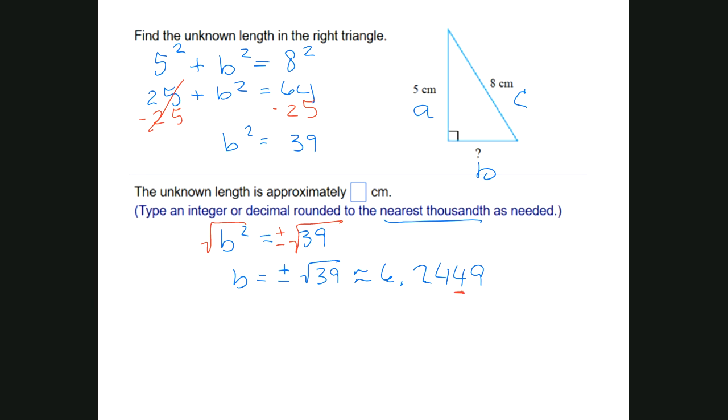Looking to the right, 9 is greater than 5, so that means add 1 to the thousandths position. And I'm coming out with 6.245 centimeters, since they gave us units of measurement.